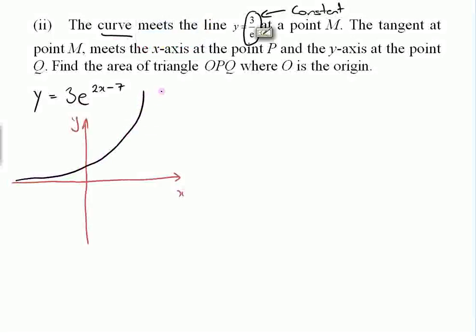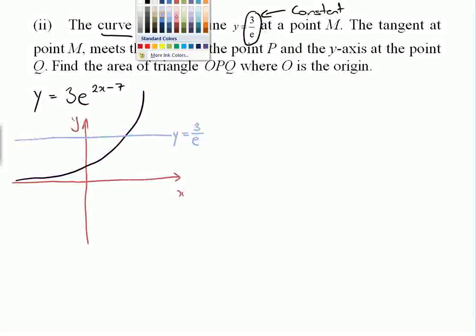What about our other curve, y is equal to 3 over e? Well, that will look something like this. It will be a horizontal line cutting about here, so this is y equals 3 over e.